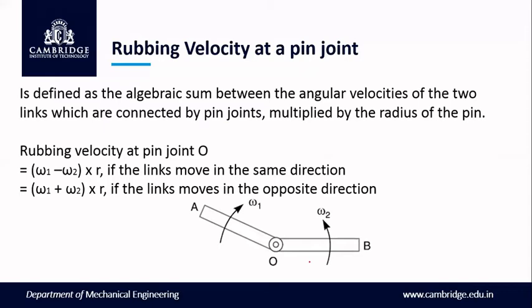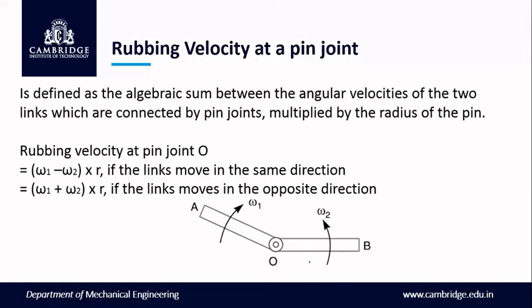Let's move on to the rubbing velocity at a pin joint. It is defined as the algebraic sum of the angular velocities of the two links connected by the pin joint, multiplied by the radius of the pin.